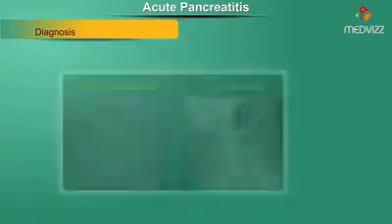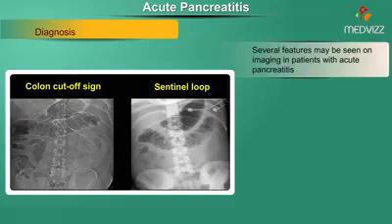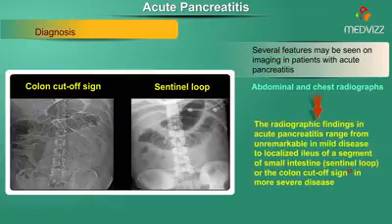Now let's talk about the various imaging modalities that are helpful in diagnosing acute pancreatitis. Several features may be seen on imaging in patients with acute pancreatitis. Abdominal and chest radiographs: the radiographic findings in acute pancreatitis range from unremarkable in mild disease to localized ileus of a segment of small intestine, which is termed the sentinel loop, or the colon cutoff sign in more severe disease.